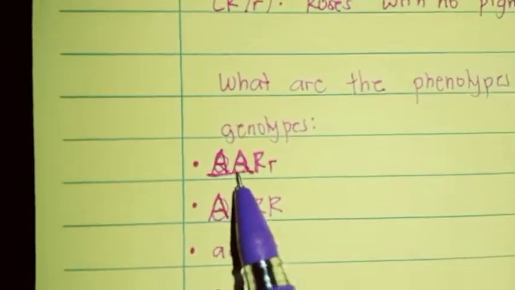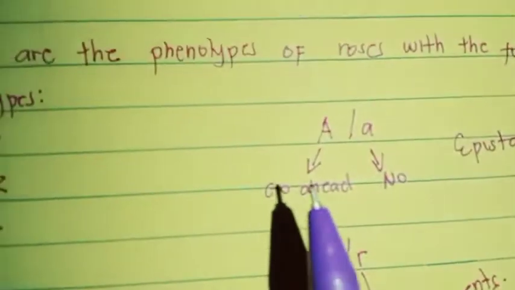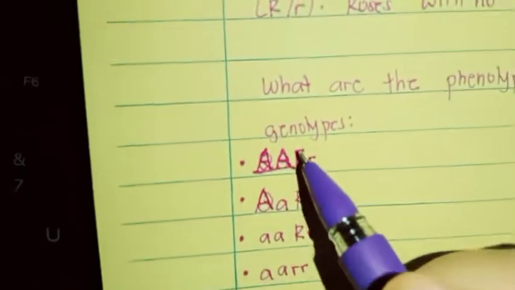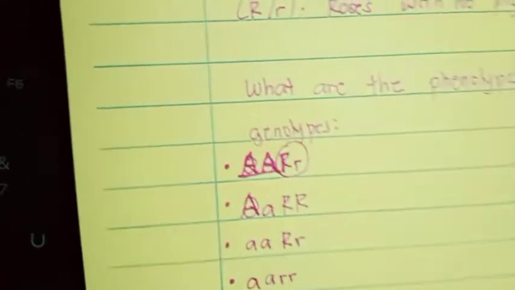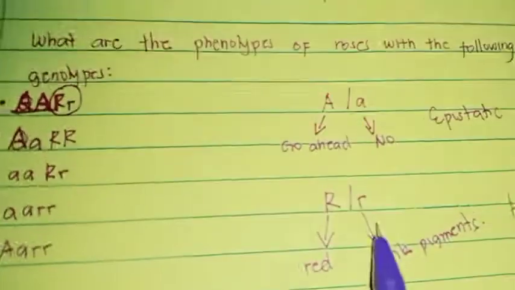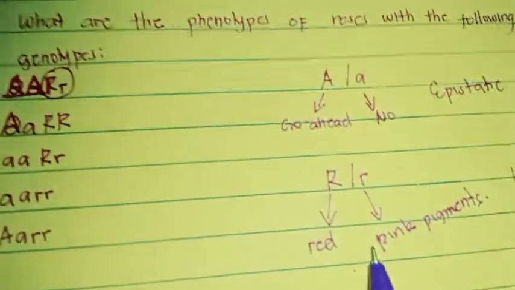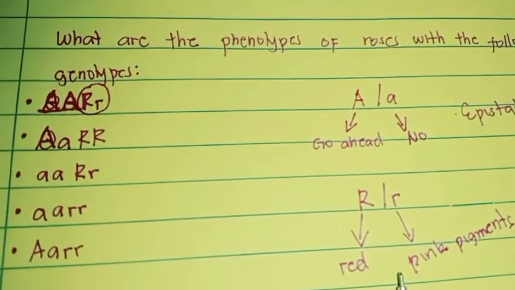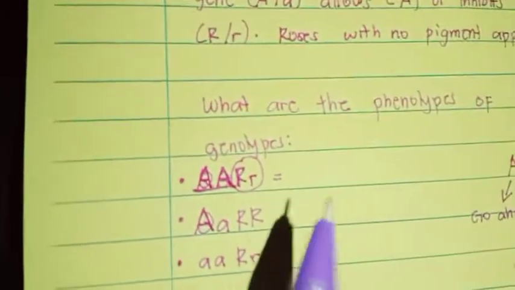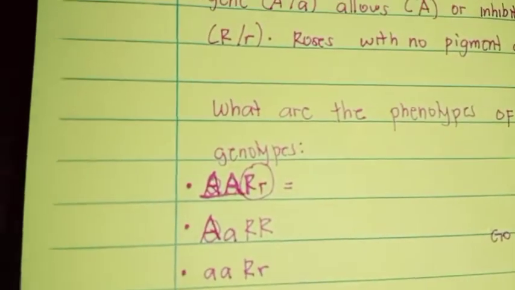Since this is capital A and capital A, and our illustration says the epistatic means go ahead, let's look at the next one, the capital letter R and the small letter r. As we look here, it says that the capital letter R is the red pigment flower. That means that the first example that we have here is that the roses will have red flowers.